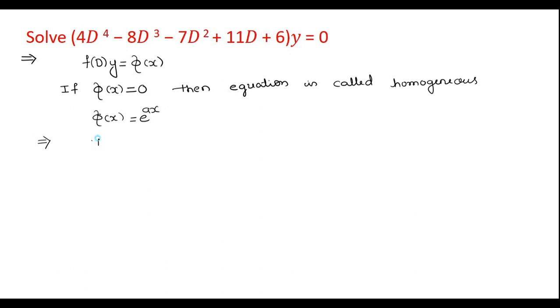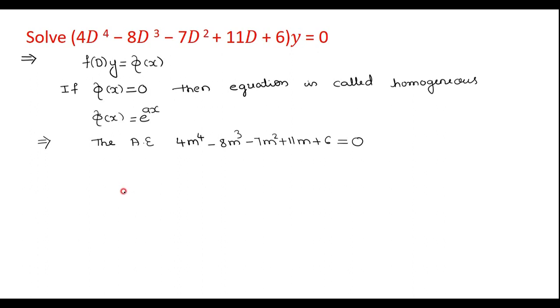The auxiliary equation, AE in short, is obtained by replacing D by m. So it is 4m^4 - 8m^3 - 7m^2 + 11m + 6 = 0.